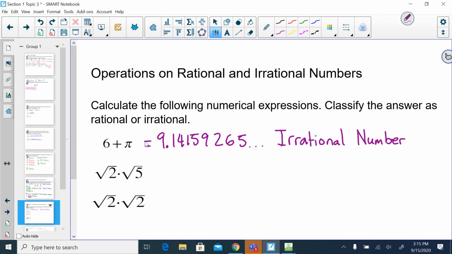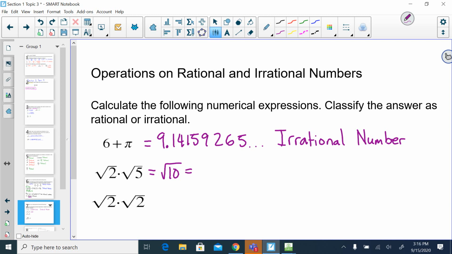Irrational. Square root of 2 times square root of 5. This is going to be the square root of 10. 10 is not a perfect square.